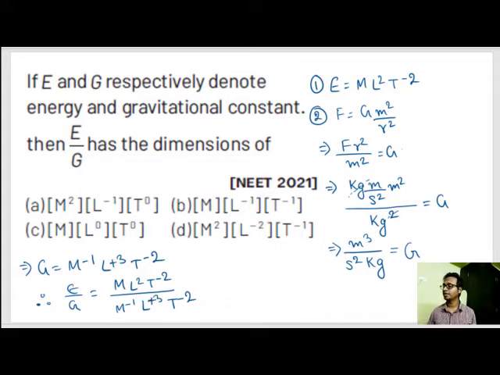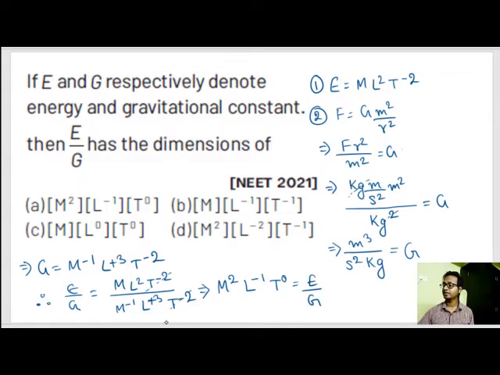So the dimension of E by G: T to the power minus 2 and T to the power minus 2 get cancelled. M to the power minus 1 goes up and forms m to the power 1 plus m to the power 1, or m to the power 2. And L to the power 3 goes up to form L to the power minus 3, so L to the power 2 minus 3 is L to the power minus 1, and T to the power 0.